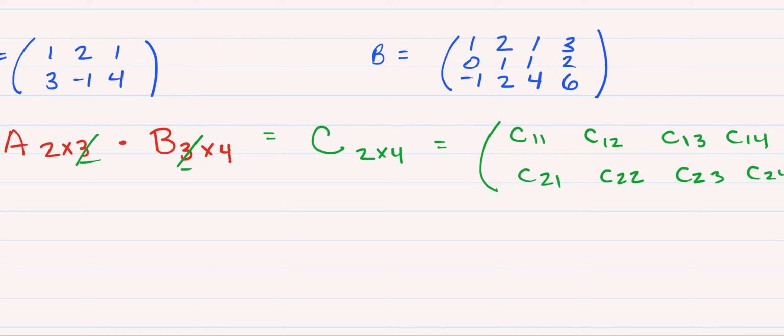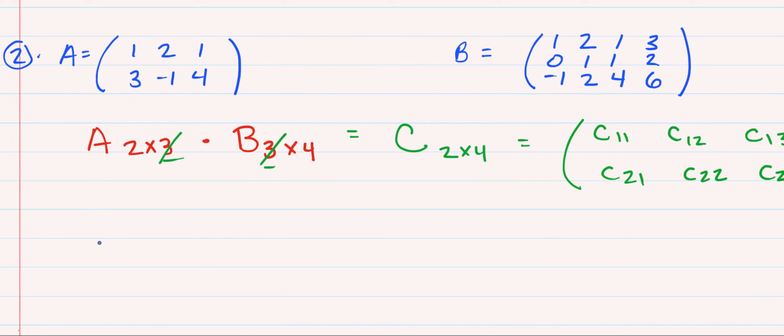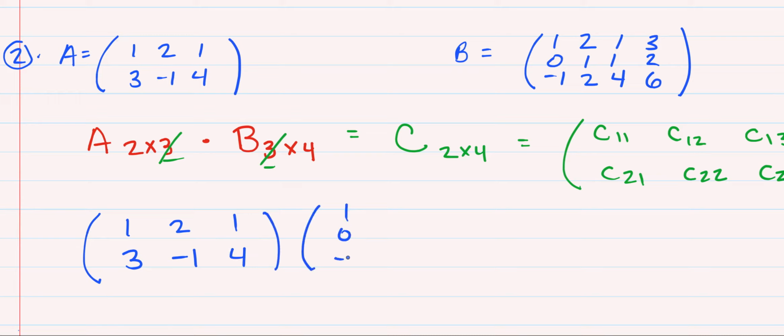So let's multiply them. I'm going to put both matrices down here so we can multiply. This is 1, 3, 2, negative 1, 1, 4 times 1, 0, negative 1, 2, 1, 2, 1, 1, 4, 3, 2, 6. Okay.